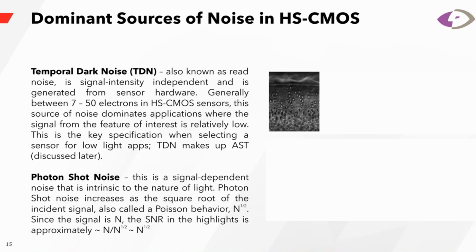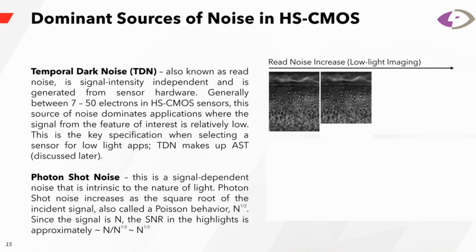So here's an example. This is done in the United Kingdom. This is an application where we have a high-speed camera looking in a flow of blood cells going through a microchannel. So if we simply increase the read noise on this sensor in this low light application, what you can notice is that as we increase the noise, you'll start to see that the relevant information, for example, the blood cells moving through the channel, become obfuscated from that noise source.